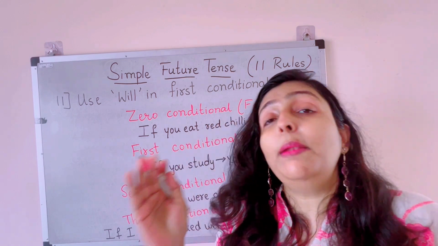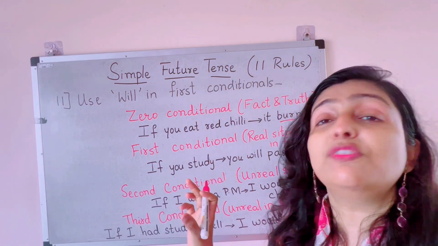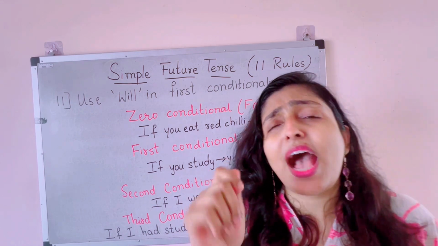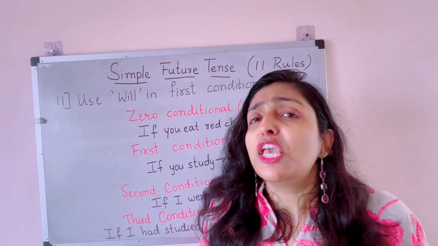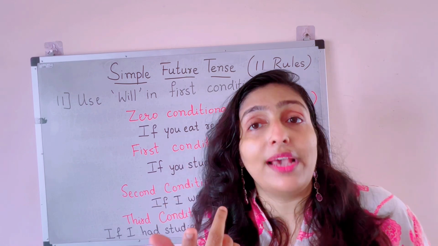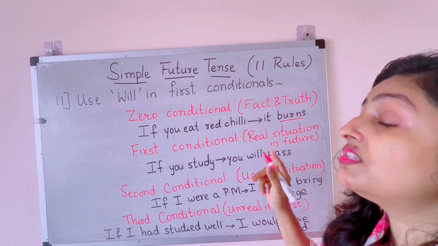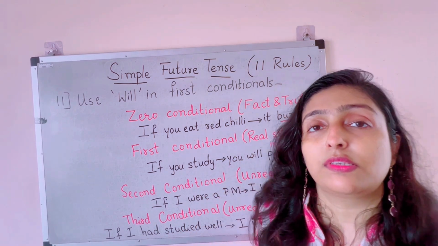So the second part of the sentence, we use simple present tense. If you heat ice, it melts. If you freeze water, it turns into ice. So the second part of the sentence will be in simple present tense.